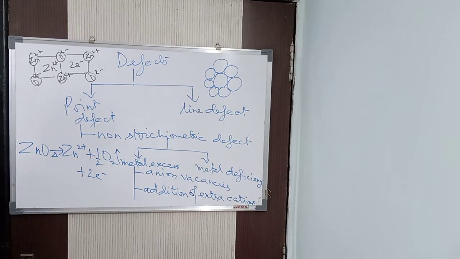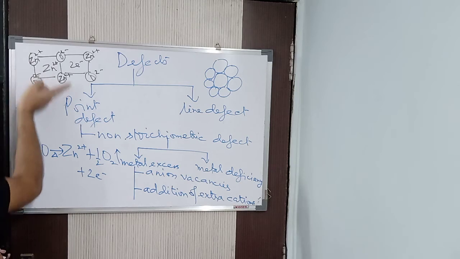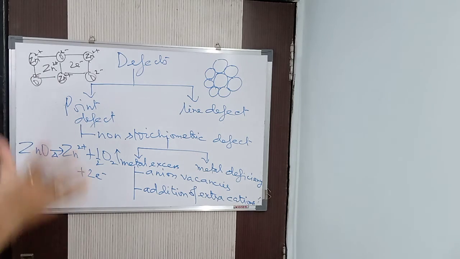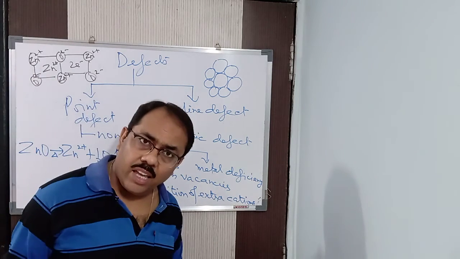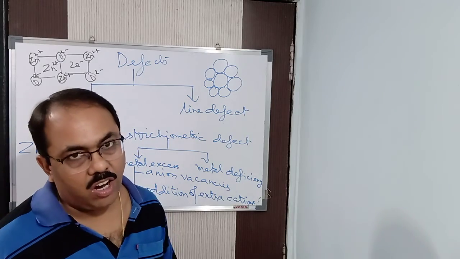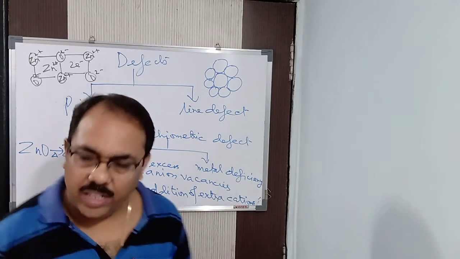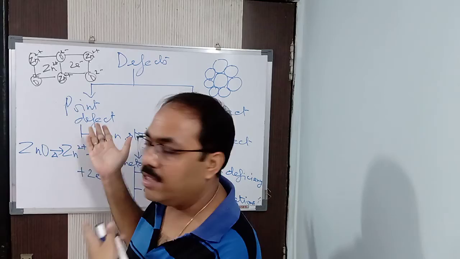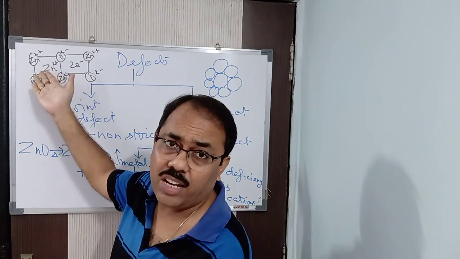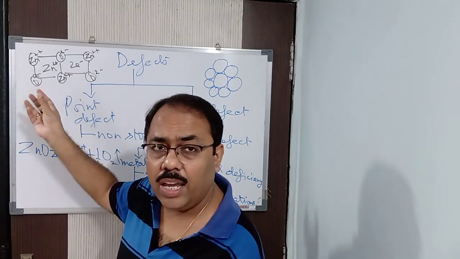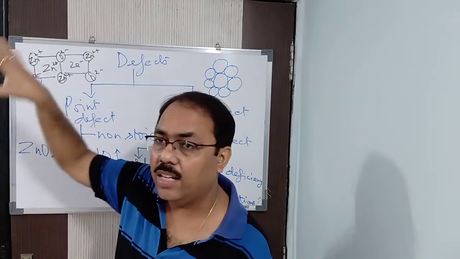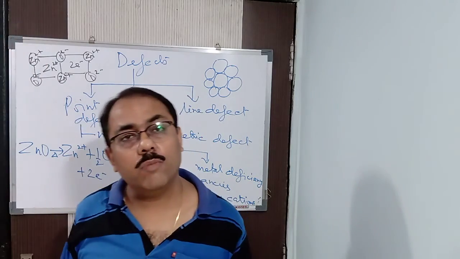Why white when cold? Because the zinc ions, from wherever they were lost, come back to their original place, and it gains oxygen from the air. So it is yellow when hot and white when cold, because when you are heating it, it loses oxygen and the zinc goes and occupies the interstitial site. When you are cooling it, the zinc again goes back to the lattice site, and oxygen it gains from the air.